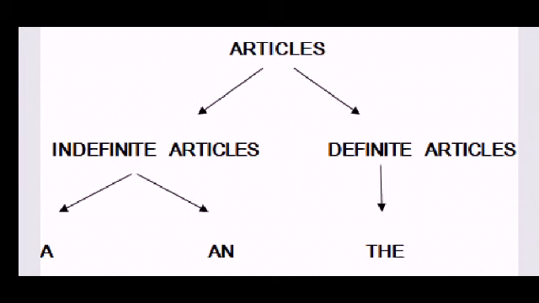One is indefinite articles. The second one is definite articles. In indefinite articles, we have two articles: one is a and the second one is an. In definite articles, we have only one article, that is the.